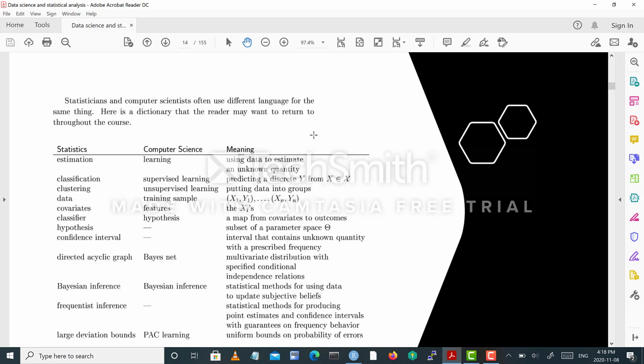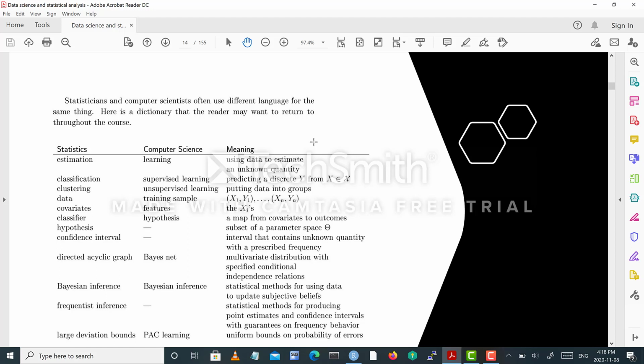Then data is the training sample, covariates are features, classifier is hypothesis, confidence interval is the same, directed acyclic graph, Bayesian inference, frequentist inference, statistical methods for producing point estimates and confidence intervals with guarantees on frequency behavior.